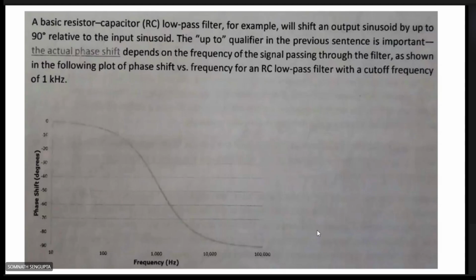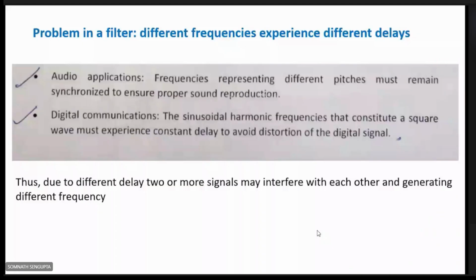So to have constant delay, constant group delay. Basically, group delay means when a group of frequencies are transmitting, the delay at each frequency should be the same, constant. Otherwise, the output will be distorted. So basically, for audio processing and many other cases, digital communications. In digital communication, we transmit analog signals, and square waves are there.